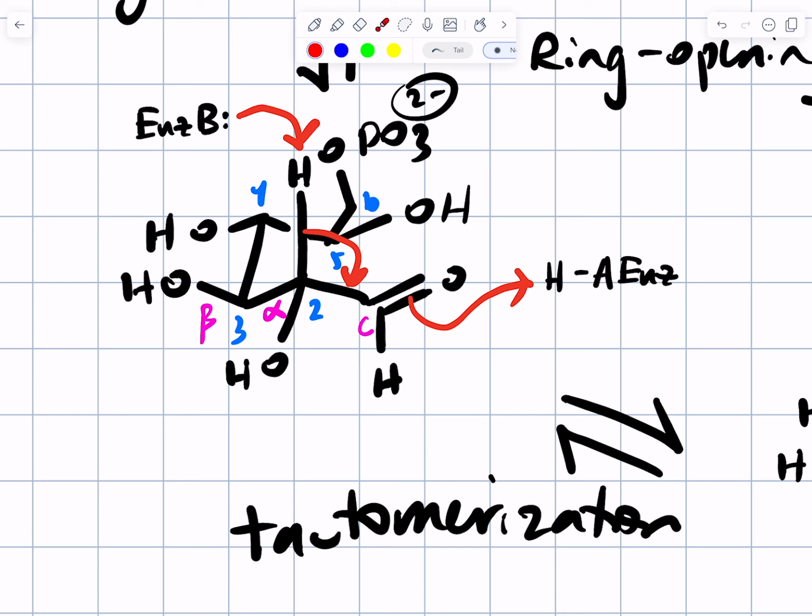It's always the bond between the alpha carbon and the beta carbon. The beta carbon is the one where the alcohol is, okay? So if we did a retroaldol reaction on glucose, that would give me how many carbons in the enolate portion? 2, just 1 and 2, and then the aldehyde portion would have 4 carbons.